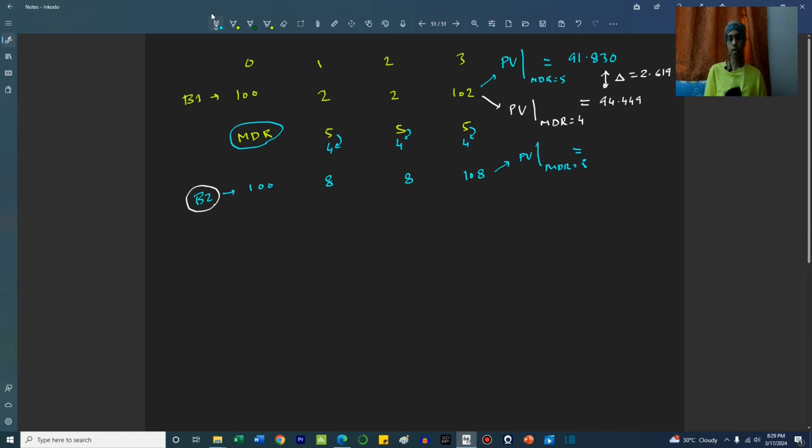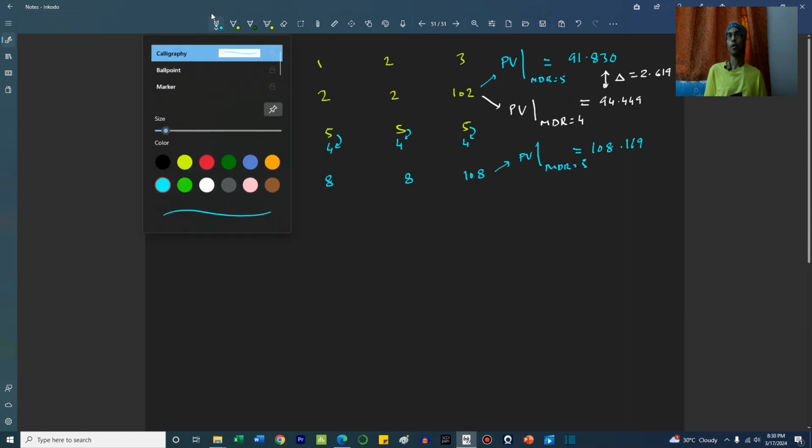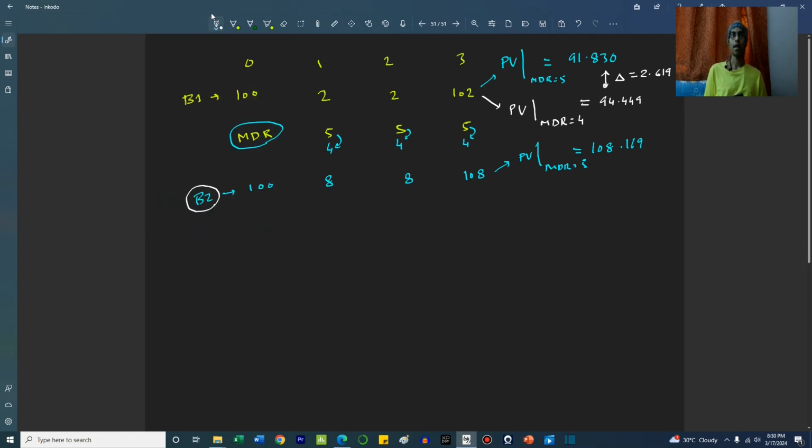Present value becomes 108.169. Now, what is the present value when the required rate or the market discount rate is 4%?